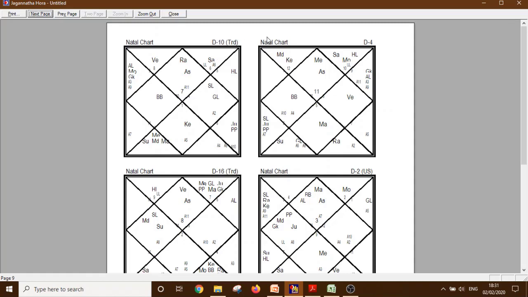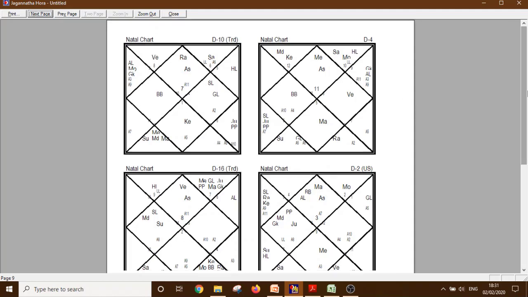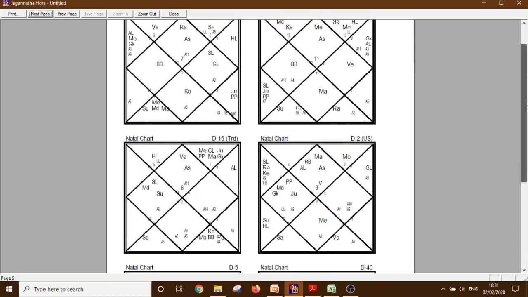So you have other divisional charts which look into different aspects of life. For example, D4, which is also called Chaturthamsa, is used for fortune, how fortunate one is. Then you have D16, which is called Shodhasamsa.